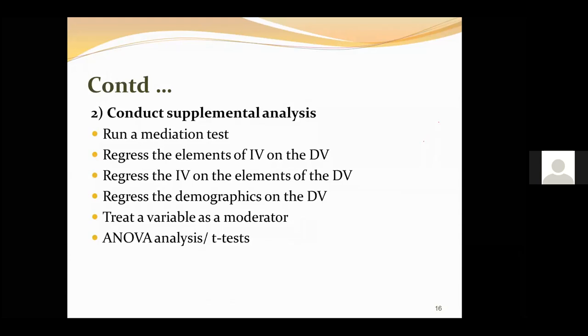It could provide explanations for why the results didn't turn out the way they did. Treat a variable as a moderator. Look out for differences between the variables or differences between the demographics.